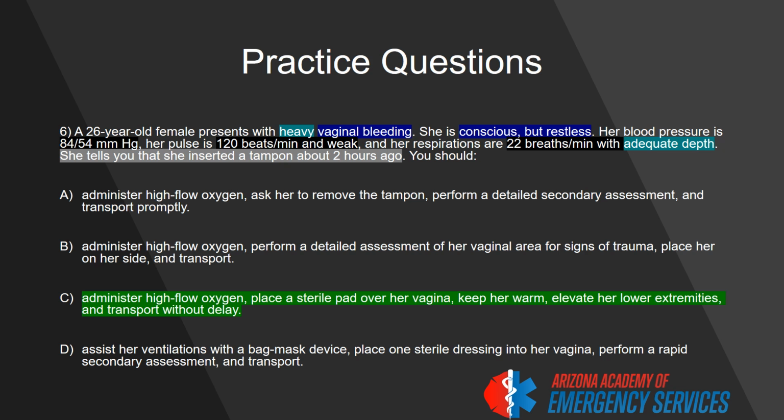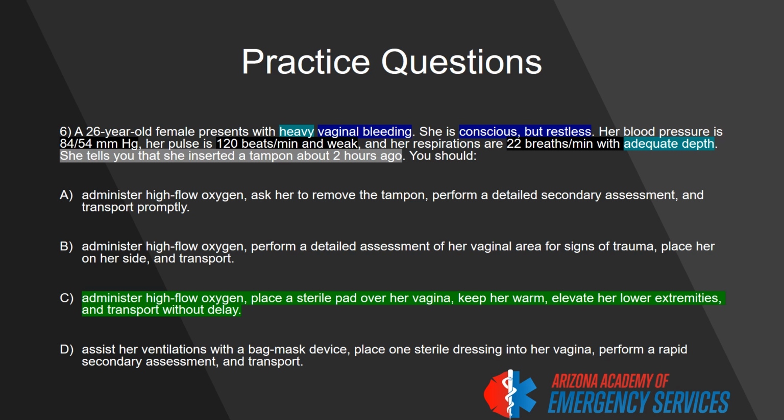If we had reason to suspect that this was vaginal bleeding from a traumatic incident, then we might do this later on, but it wouldn't be the immediate treatment, even in that case. Plus, this answer option has nothing to do with taking active steps to help control the bleeding by adding external pressure. Remember, you never remove or place anything into the vagina in cases of a gynecologic emergency. So that is why B is incorrect.